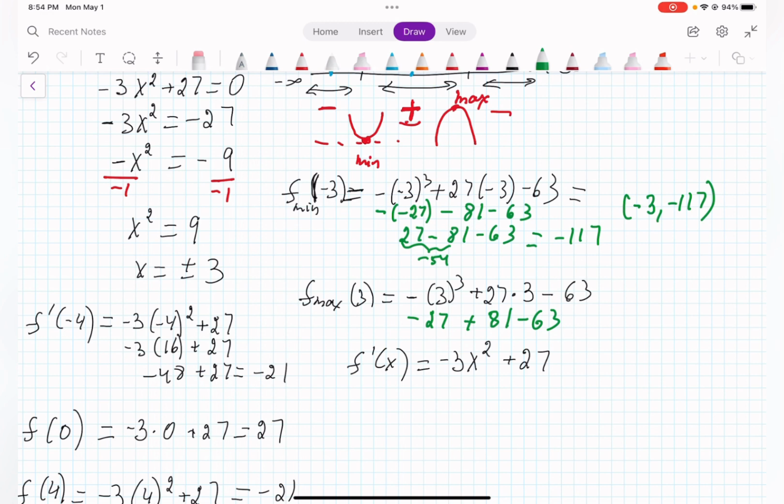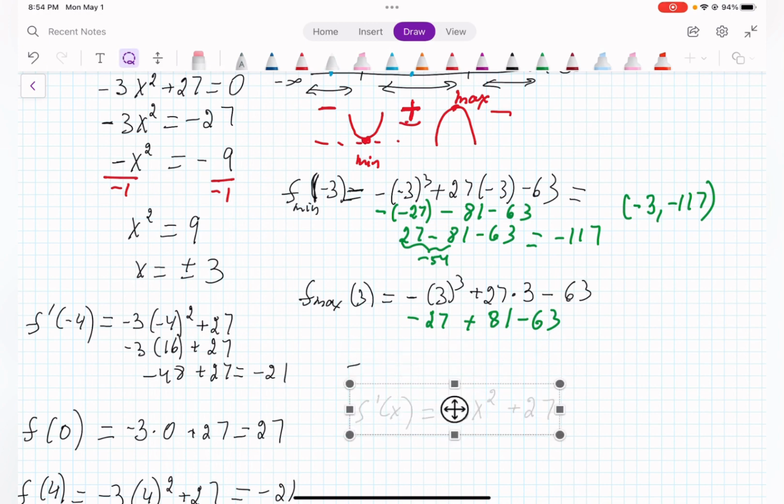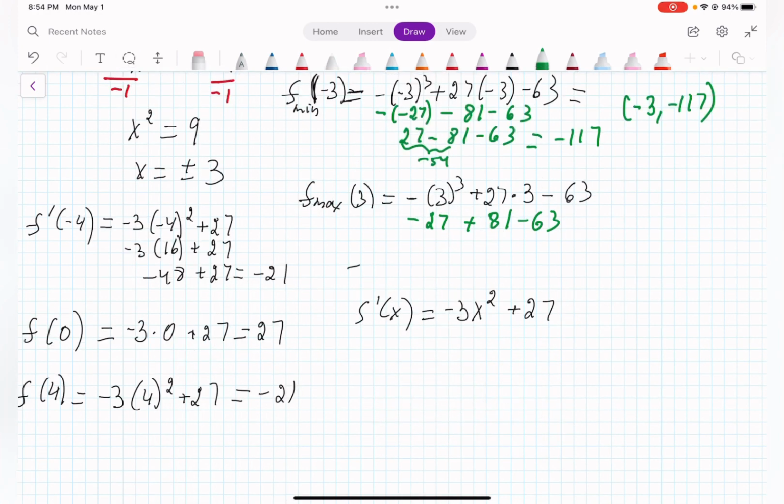Okay, so 81 minus 27 is going to be 54. Positive 54, and then minus 63, it's going to be negative 9. So here we have positive 3 and negative 9.